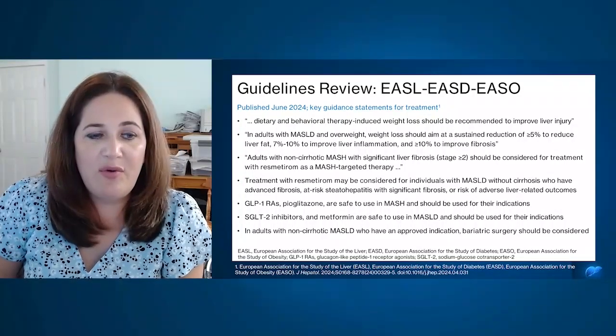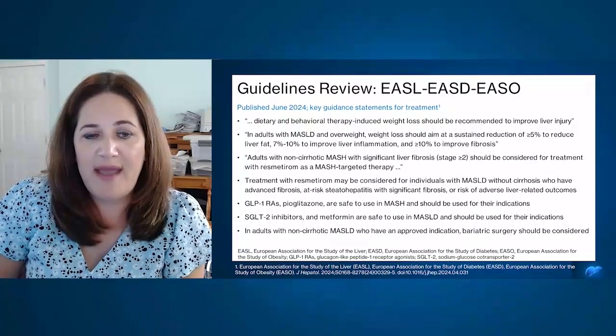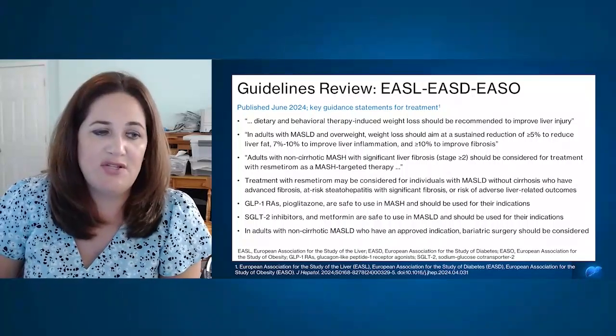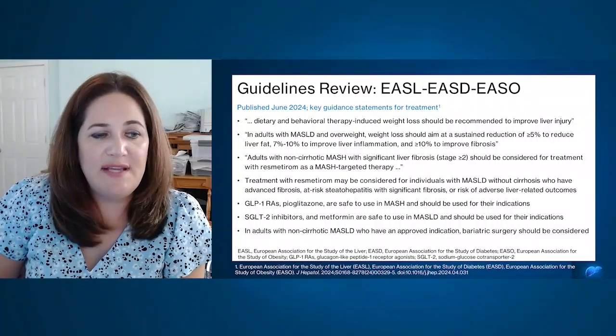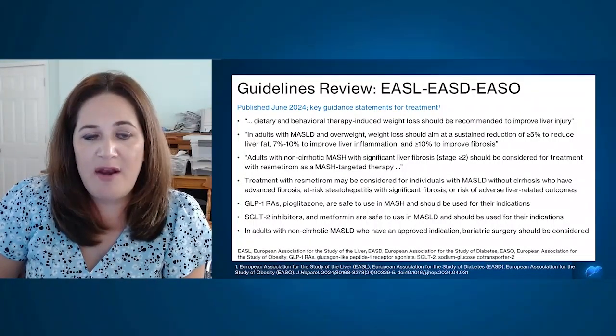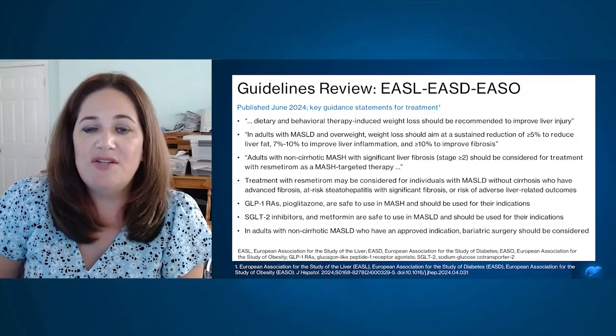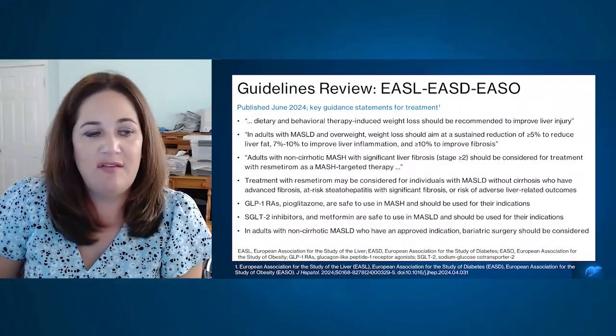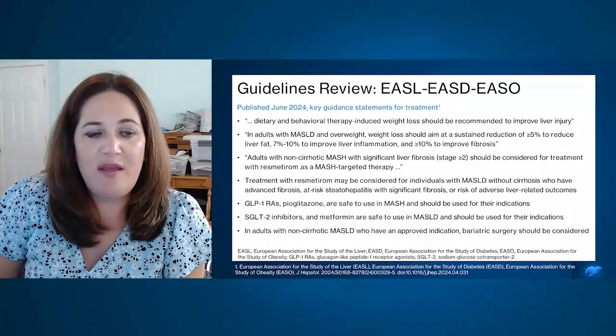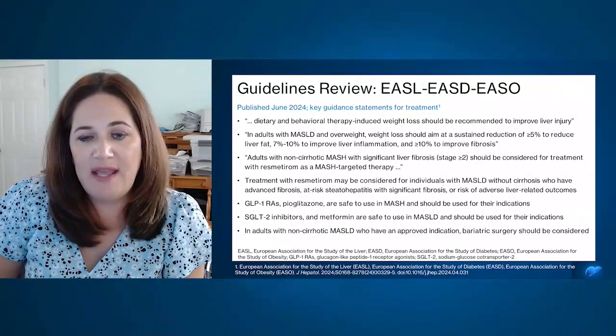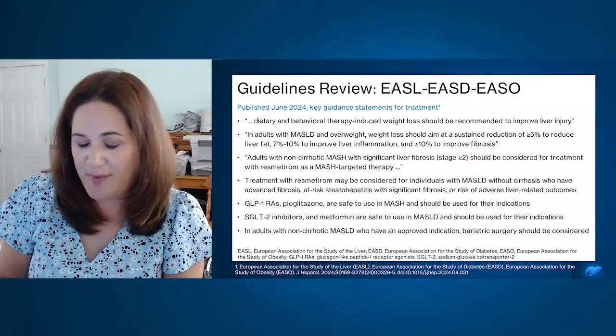GLP-1s and pioglitazone are safe in use with MASH and should be used for their indications. SGLT2 inhibitors and metformin are safe in MASLD and should be used for their indications. In adults with non-cirrhotic MASLD who have an approved indication, bariatric surgery should be considered.